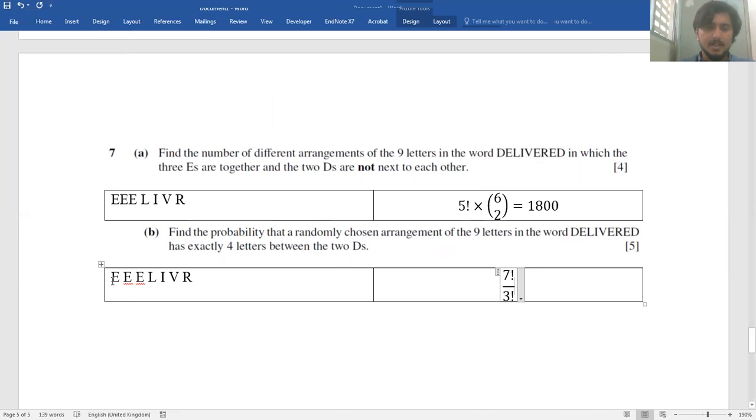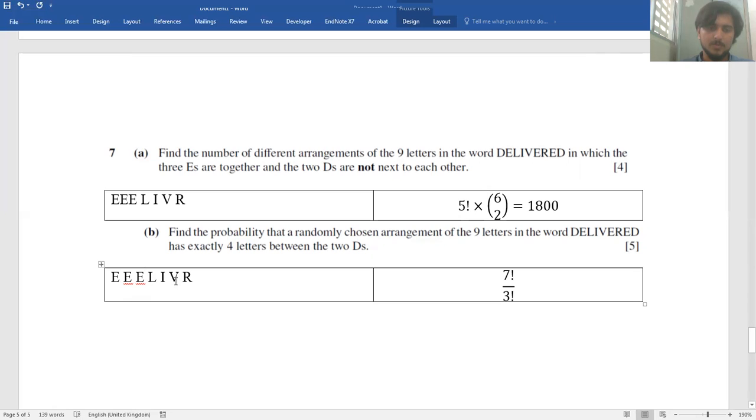Then at which spots can I keep the 2 D's, provided there are 4 letters between them? One, and the other one is this. This is the first arrangement. If I keep the D in the second position, then 1, 2, 3, 4. This is the second arrangement. Then I keep the D in the third one, 1, 2, 3, 4 over here.